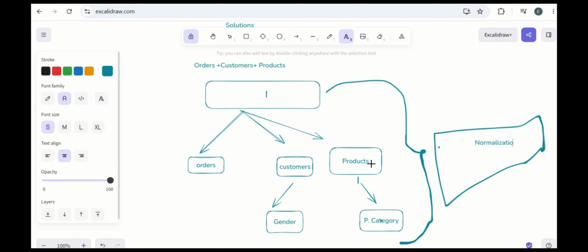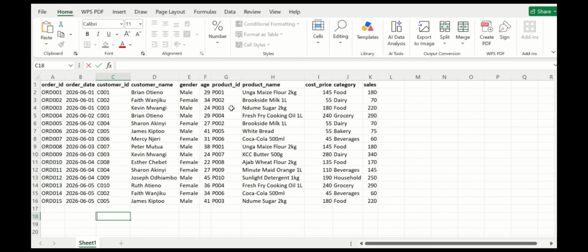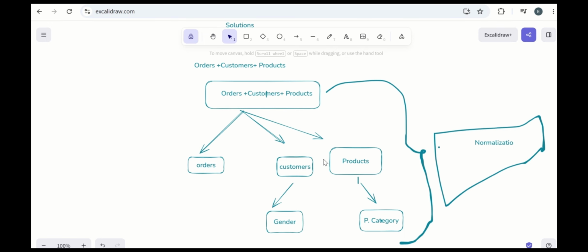This process of breaking down these larger tables. So let's copy this one here. The first table contains these details of orders, details of customer, and details of product in the same table. So for us to reduce the data redundancy, we'll have to break this large table into orders, customers, and products.